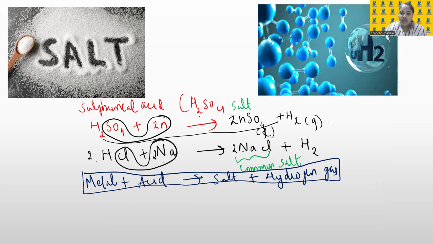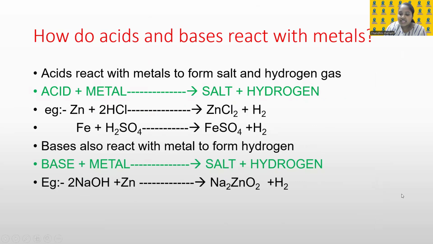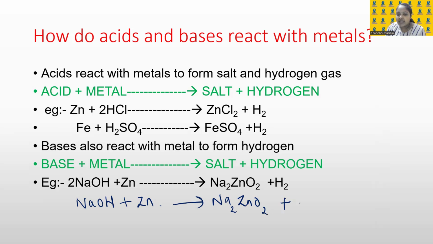Next, we can see what will happen if a base reacts with a metal. We will take an example of sodium hydroxide. Sodium hydroxide is the common base that we know. We can react that with zinc. That will combine together to give Na2ZnO2 and hydrogen again.